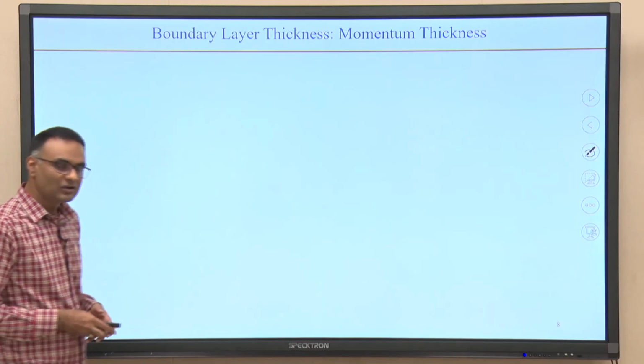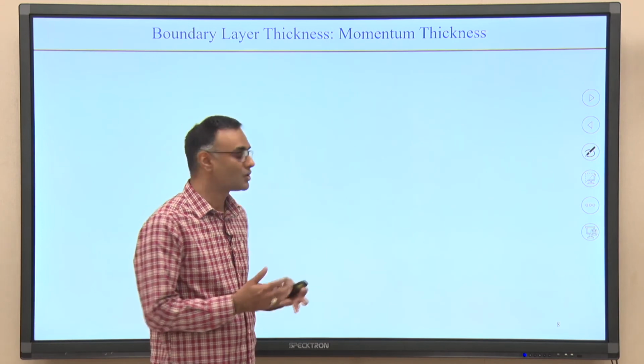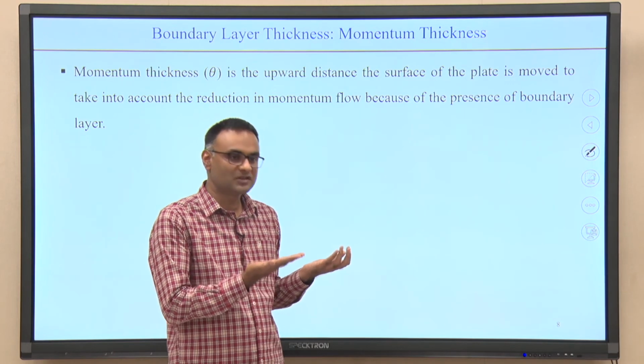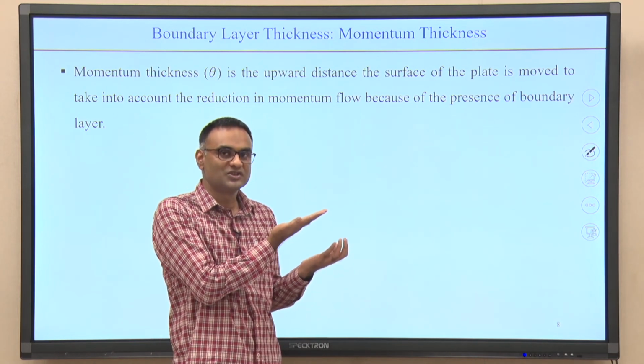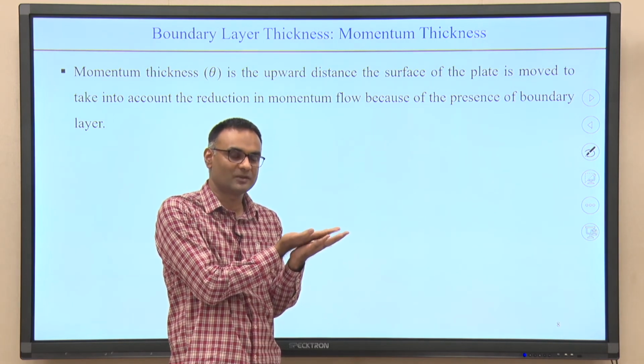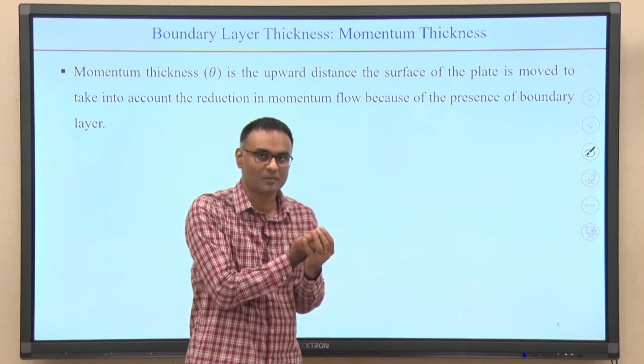Now, along the same lines, there is another thickness that is defined, which is called momentum thickness. As we discussed, displacement thickness is the distance by which the plate needs to be moved up, so that the mass deficit because of the presence of boundary layer is taken into account and the flow above is uniform.